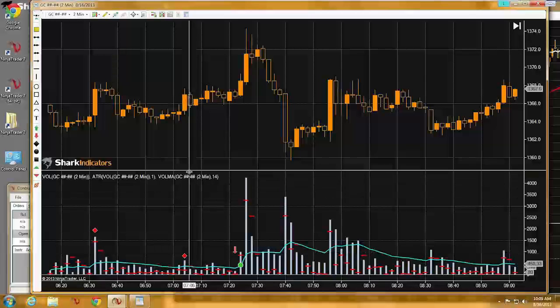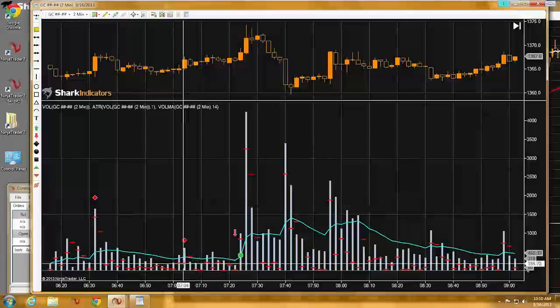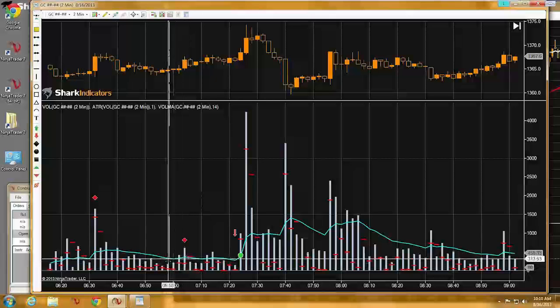However, I see that we could possibly implement some additional logic. So it looks like the ATR here on this bar is a little bit less than the previous ATR, but also, and I'm thinking probably more importantly, the ATR is less than our moving average line.